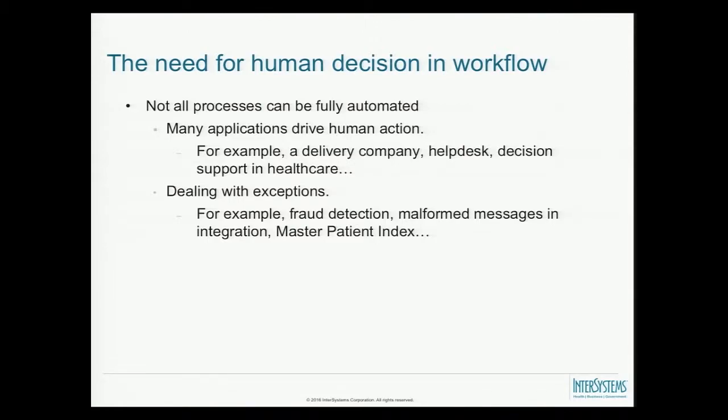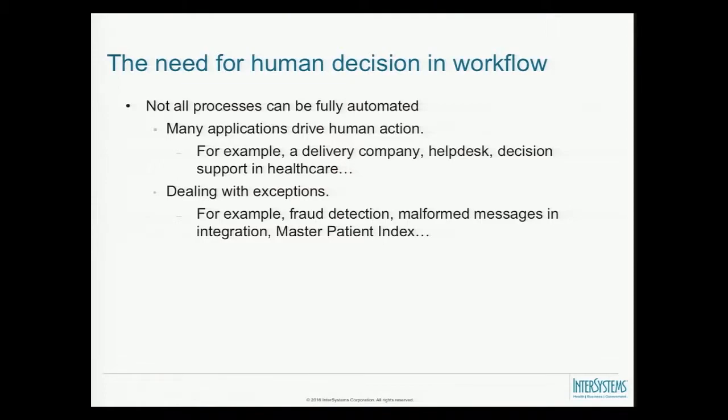If that message is malformed in some way, so it might have a bit of data missing, or perhaps it might be corrupt, those sorts of messages typically get sent through to individuals to actually look at the content of the message to try to rectify the situation, which might mean going back to the source system and reissuing the message, or fixing the message within the integration engine in order to be able to resend it.